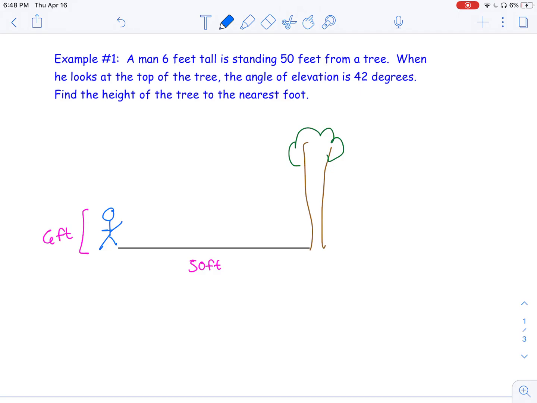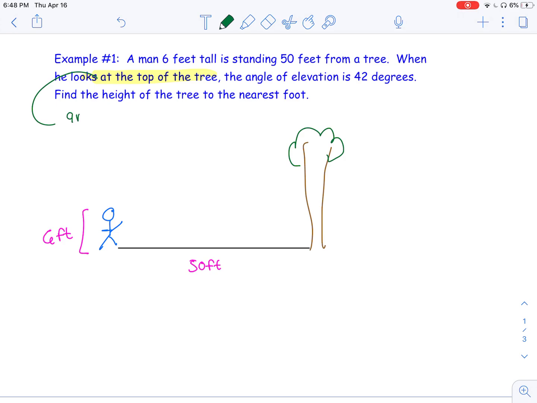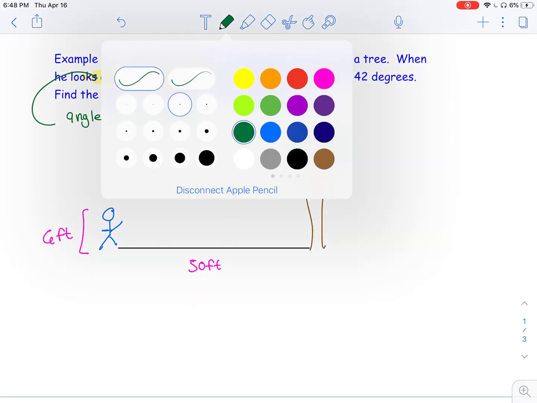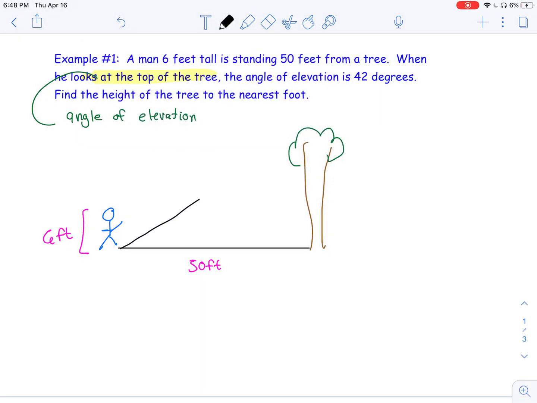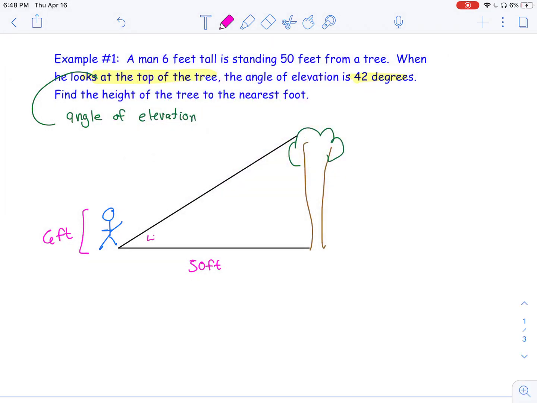And when he looks up to the top of the tree, we're thinking angle of elevation. So he's looking to the top of the tree. And it says his angle of elevation is 42 degrees. So that tells me that this is going to be 42 degrees.